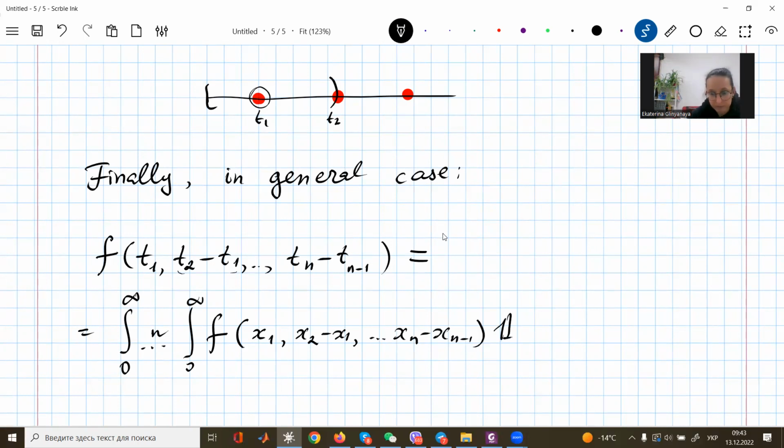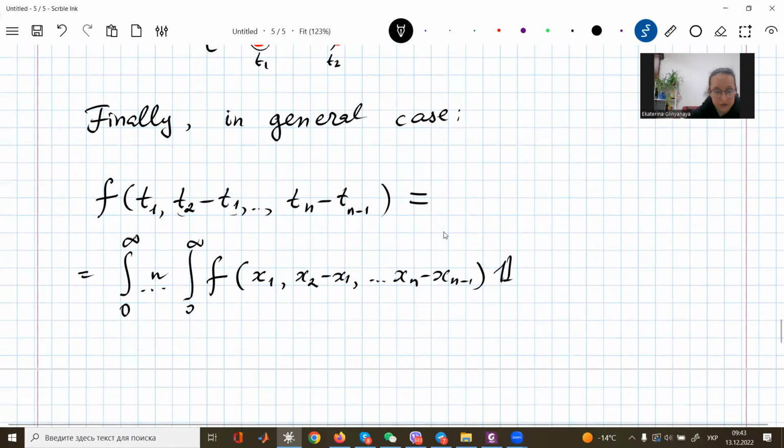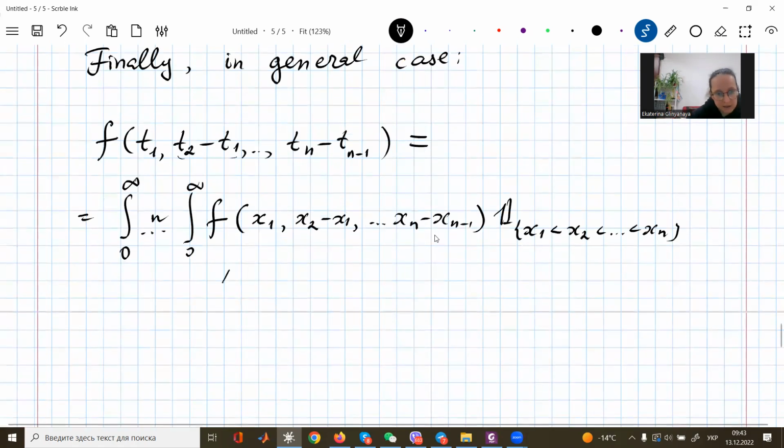Here I write the indicator that I have ordered points x1 less than x2 less than xn, and I add the indicator that the value of the process eta on (0, xn) is equal to n minus 1.